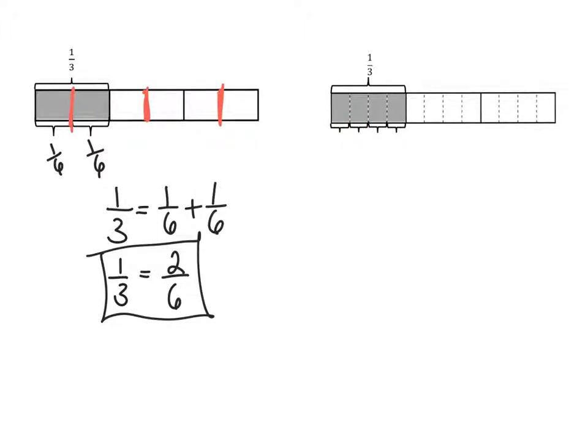So we've got 12 in the denominator, because that's what we cut it up into. And we've got how many colored in? Well, we have 4 twelfths. So 4 twelfths is also an equivalent fraction to 1/3. So 2/6 and 4 twelfths are both equivalent fractions to 1/3.